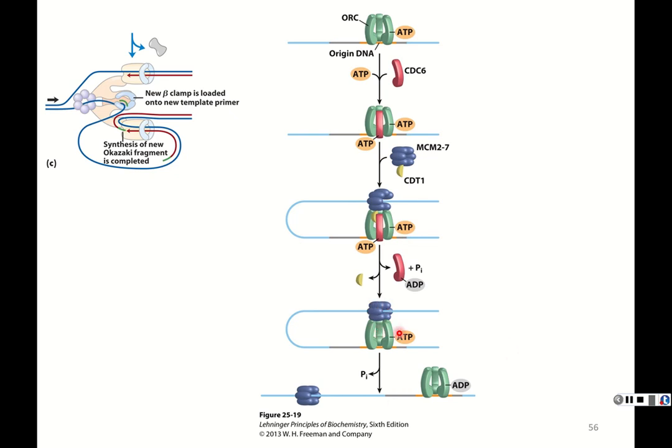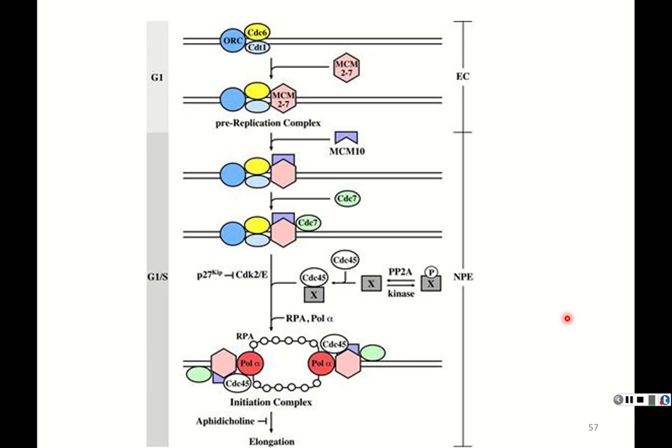So this complex, the ORC and CDC6, is really used to just load our helicase onto the DNA. And that helicase there is MCM2. All right, so this would be referred to as a pre-replication complex.